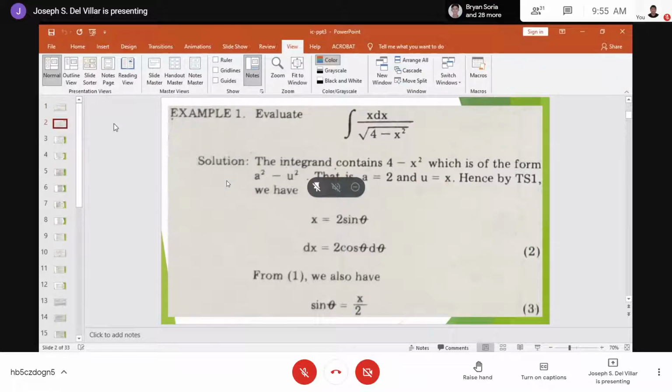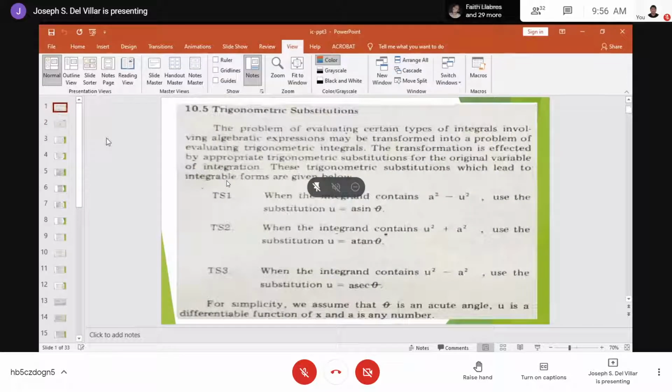Okay, let's take an example. So for example, we have the indefinite integral of x dx divided by the square root of 4 minus x squared. Okay? So we can see in the integrand we have 4 minus x squared, nauna yung constant. So it is case number 1.